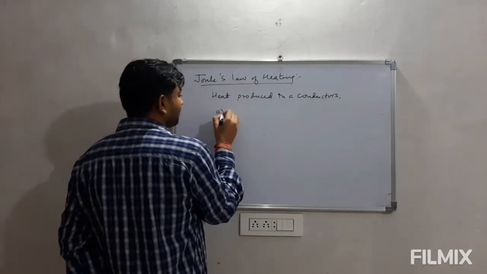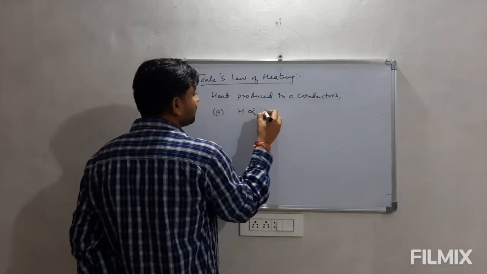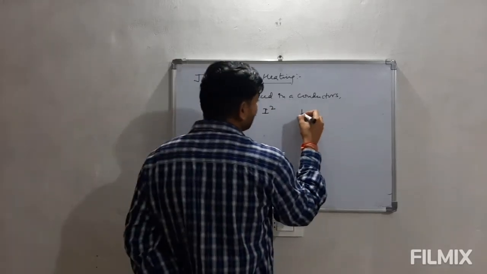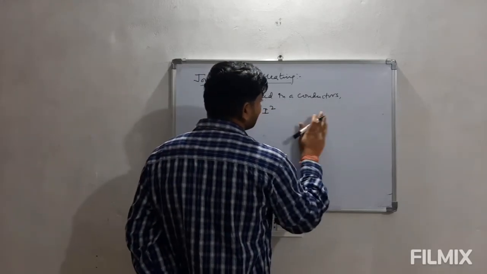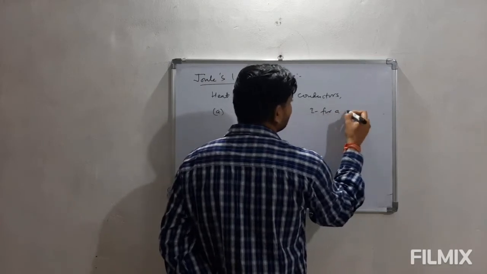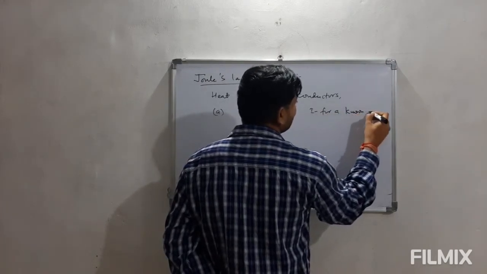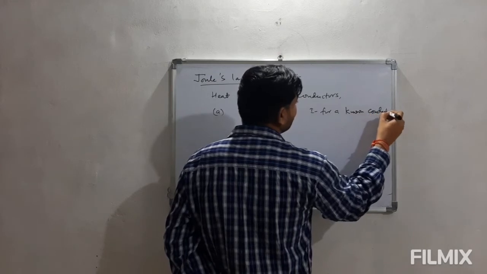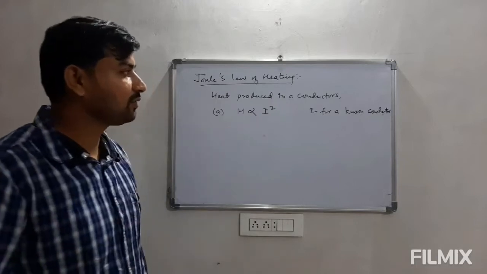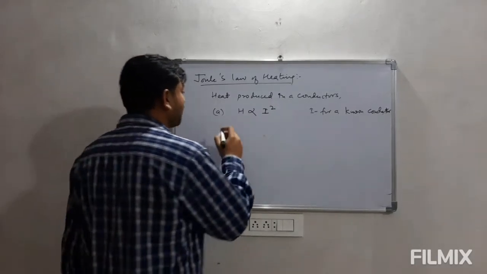First, heat is directly proportional to the square of current. Here, this I is for a non-conductor, meaning heat produced is directly proportional to the square of current for a non-conductor.